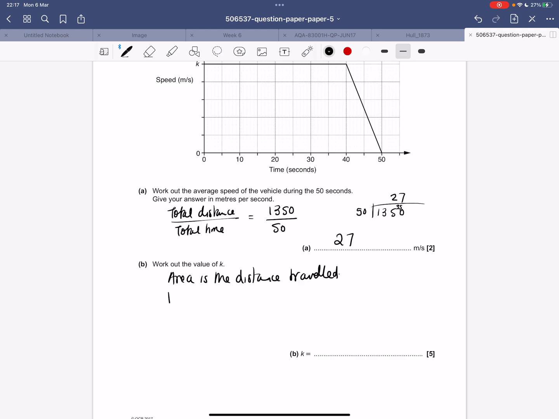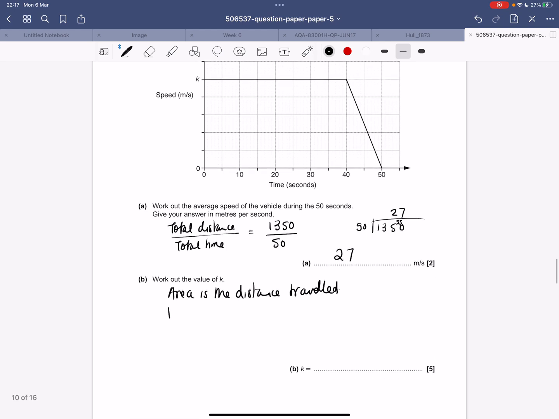If we split it up here, the rectangle is 40 times k, so 40k.